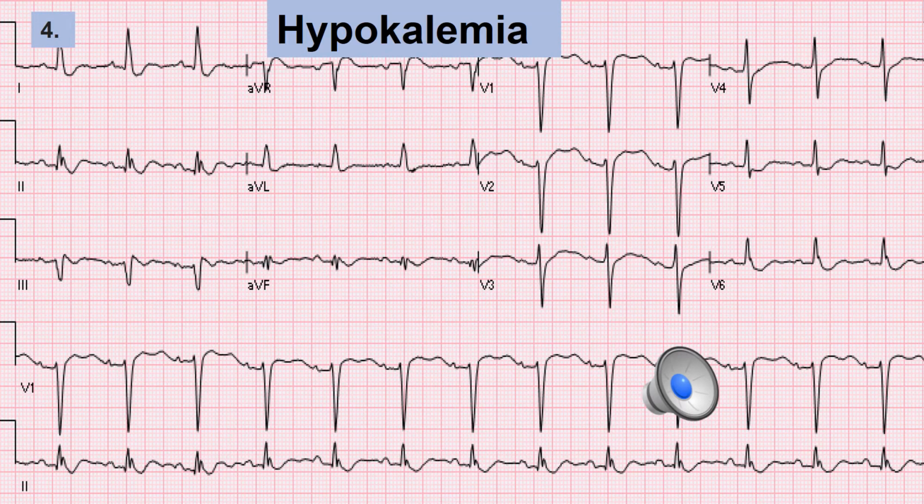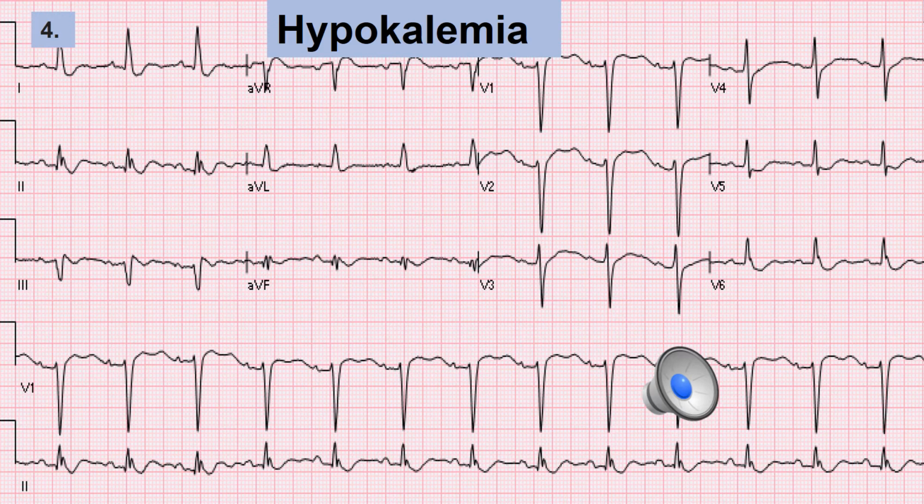Okay, the answer to number 4 is hypokalemia. This one is a little bit trickier to see. You might have gotten thrown off if you got distracted by the notched QRS wave showing like a bundle branch. But if you look at lead 2, I think you can see it best there. You can see that TU wave kind of merged if you look really carefully.